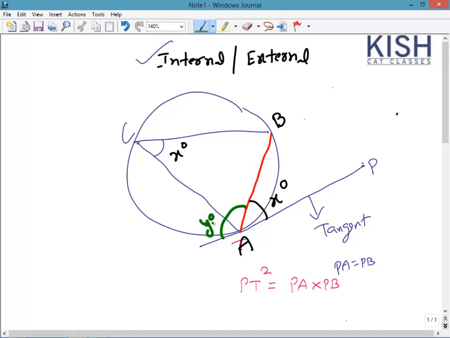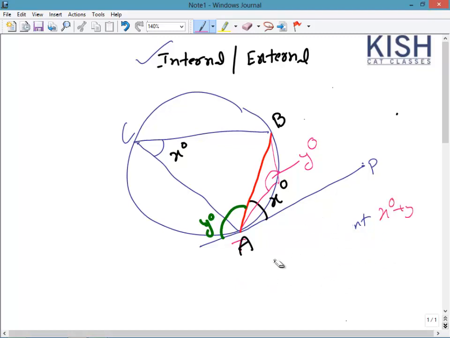Since we have drawn on the opposite side, you can draw here as well, so this angle is equal to y degrees. What is x plus y? 180 degrees. So x degrees plus y degrees is equal to 180.